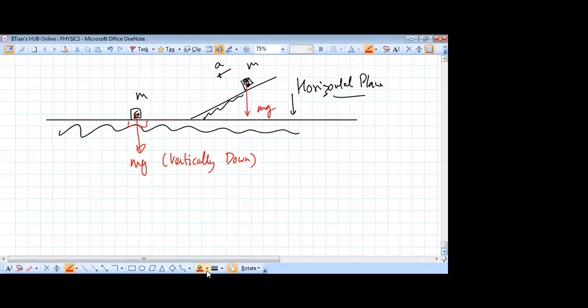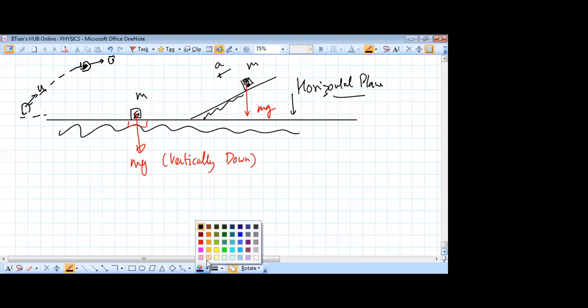Or we might have taken an object and projected it. Suppose we projected it like this from the Earth's surface. So it's going in projectile motion. So after some time it is over here. Its velocity is in this sort of direction, but still the weight acting on it will be independent of all this.